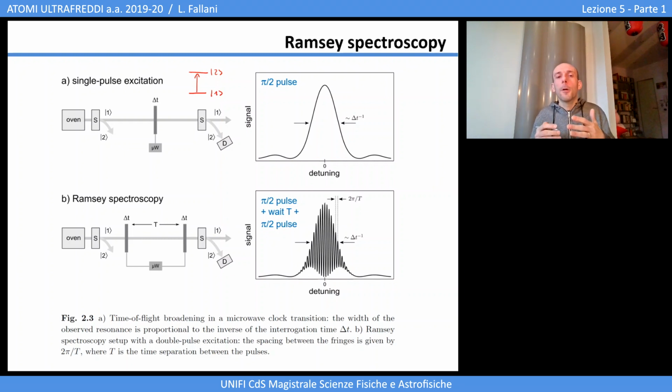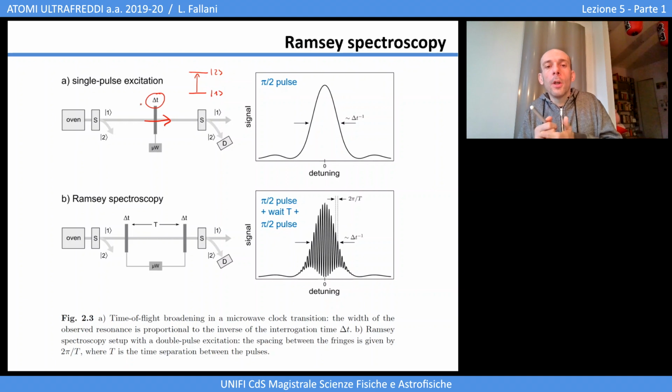Here we are considering the case of a finite interaction time. The atoms are traveling in the microwave cavity, so depending on their velocity, there will be some finite interaction time delta t.